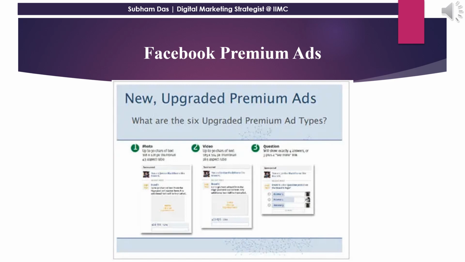Maybe for a post you can see the premium ads. To promote any tool you can see a premium ad. So you can see all these six other formats that have been recently included in Facebook premium ads. Over to the next slide.